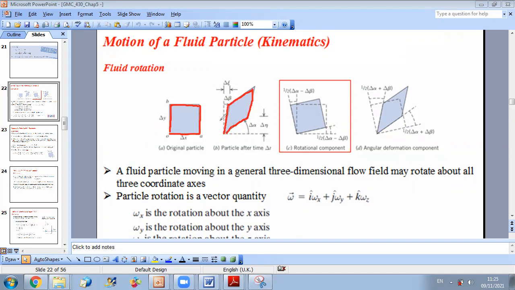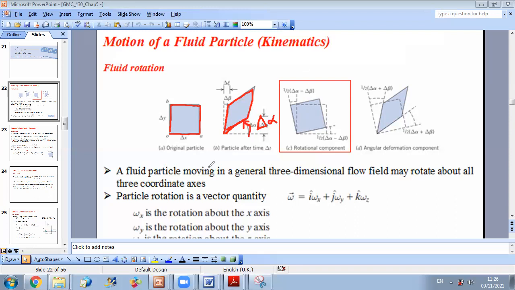For this side, the angle of rotation is delta alpha. For the other side, it's a different value. Here we are rotating counterclockwise, and we consider counterclockwise as positive.